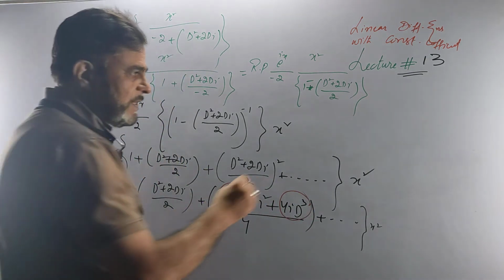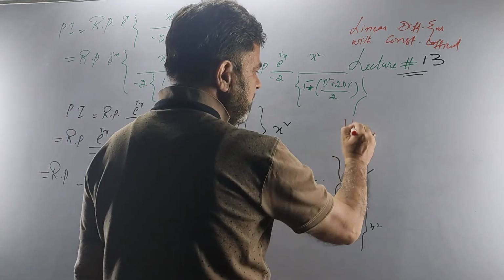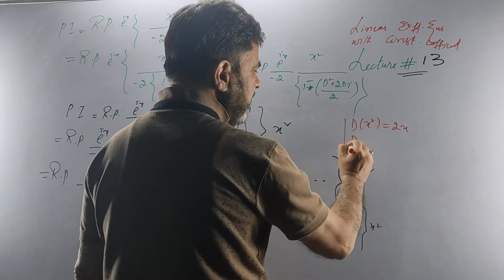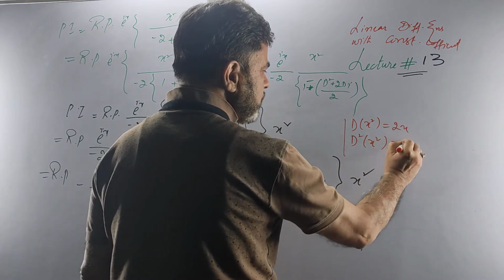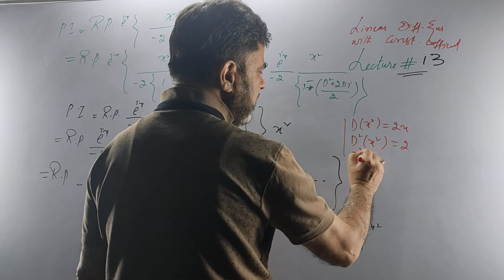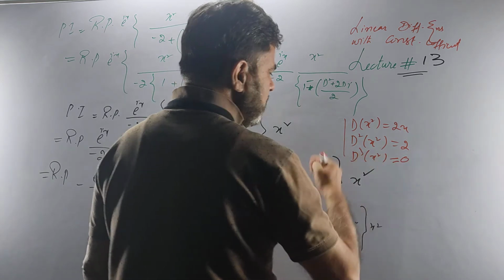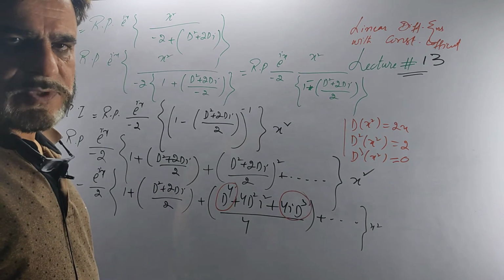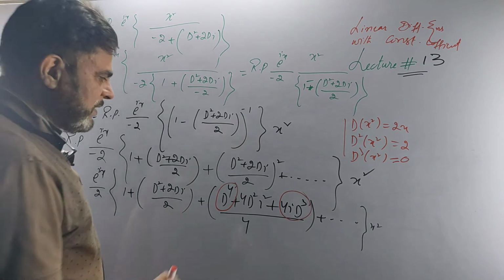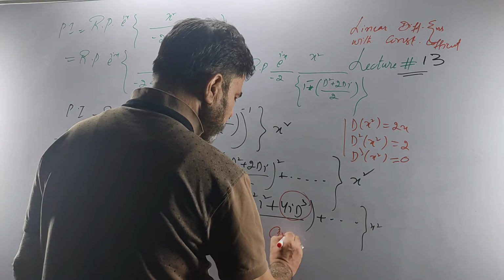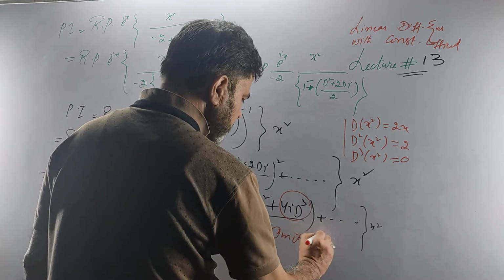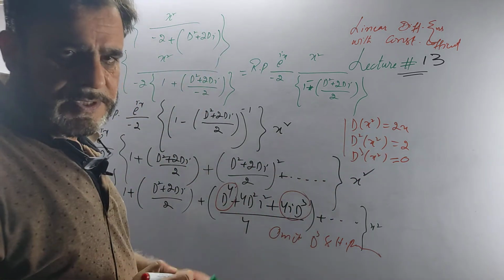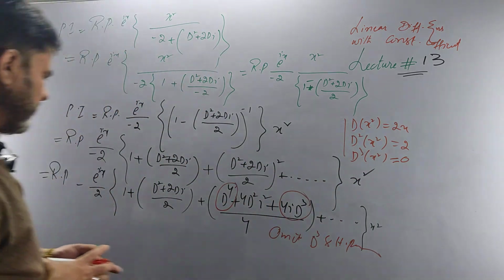I have to omit them because you know D of x square you have 2x. When you find D2 of x square, that is 2. D cube of x square, it is 0. So from D cube and onwards we have the derivatives of x square 0. Therefore we omit or leave D cube and higher powers. Higher powers means after D cube, D4, D5, D6, we omit them.